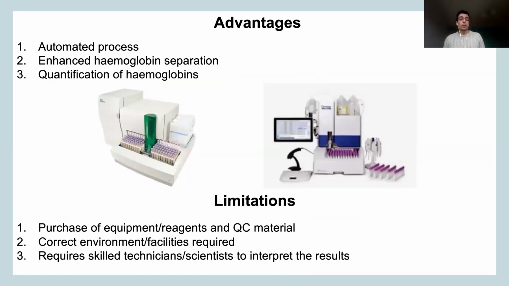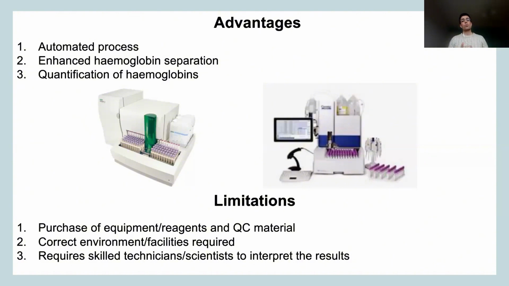Advantages: being an automated process, great. It's not like gel electrophoresis, where you prepare one sample at a time. You could just load, as the picture is showing, various samples. You could put in the QC and the calibrators, and you just run everything automatically. As a principle, HPLC is going to give a better separation of the hemoglobins, as the chromatography and peak table show, so you will be able to measure other hemoglobins and separate them much more accurately as compared to gel electrophoresis.